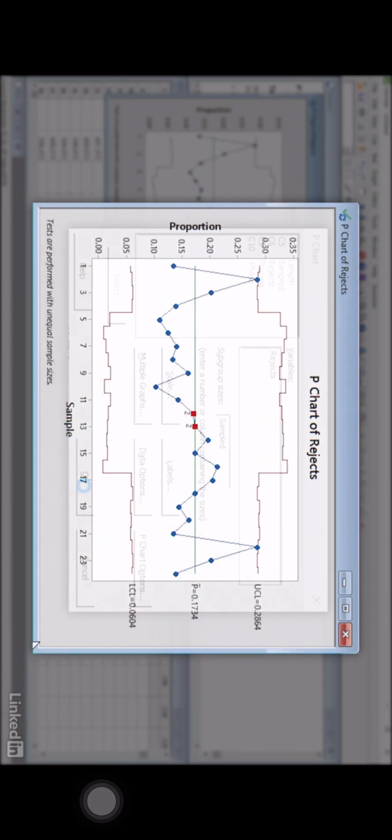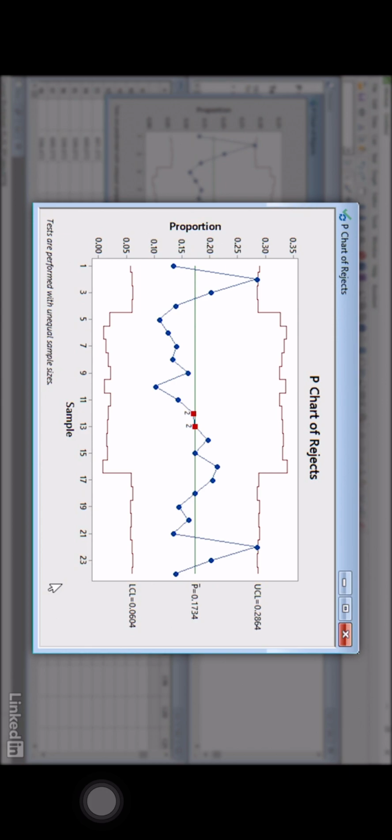We want to plot the results, which is rejects, and our different sample sizes are in subgroups, different sizes in sample. Go to the P chart options, and let's specify tests and run all tests for special causes. OK, and OK. Here you have the P chart.